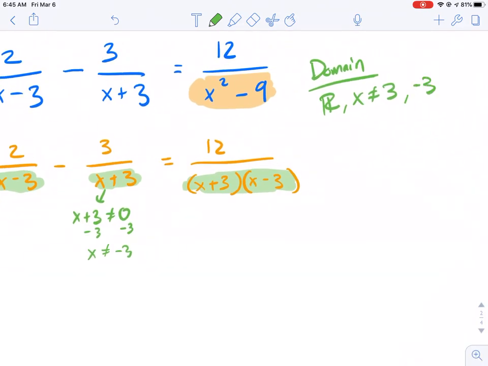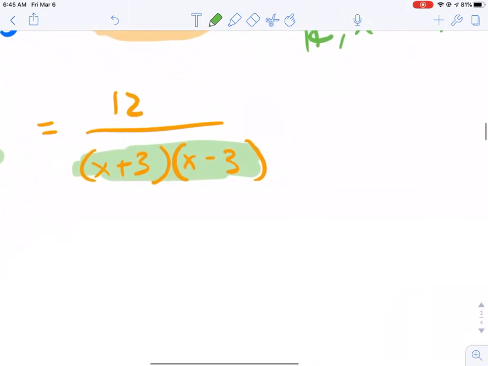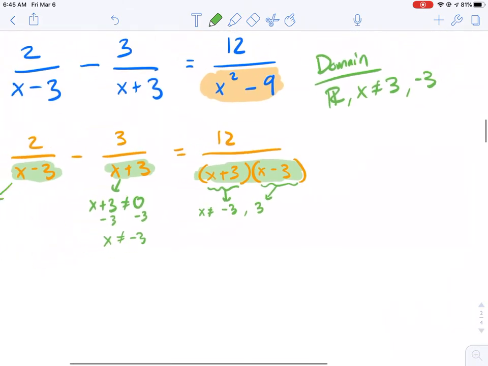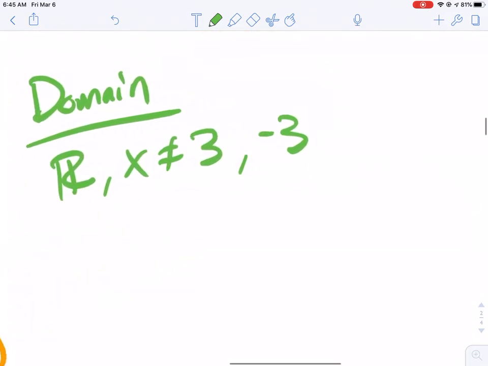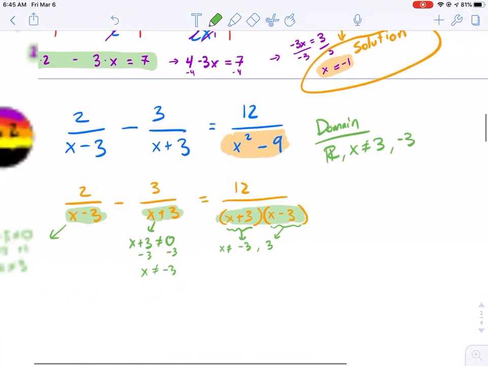It cannot equal 3 and it cannot equal negative 3. If we go over to the third denominator, we see we get the same thing. Negative 3 will make this one go to 0, and then positive 3 will make that parenthesis go to 0. So our domain exclusions stay the same. It's still 3 and negative 3.